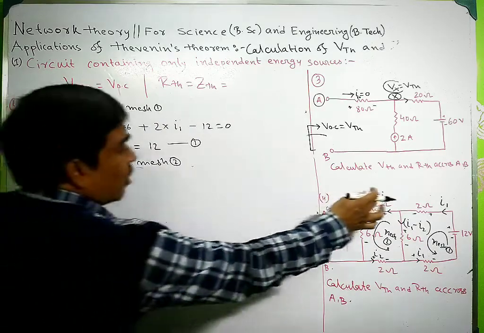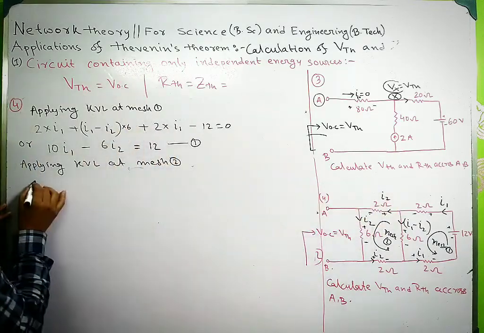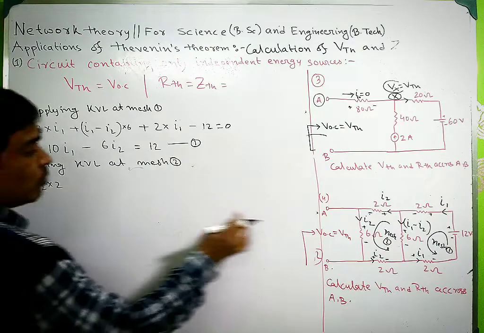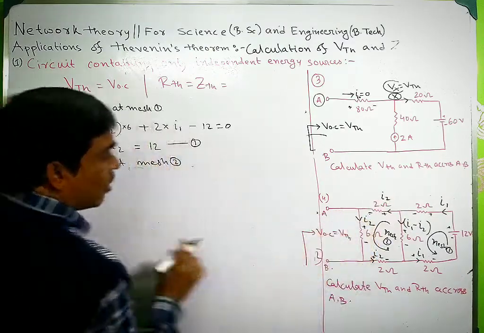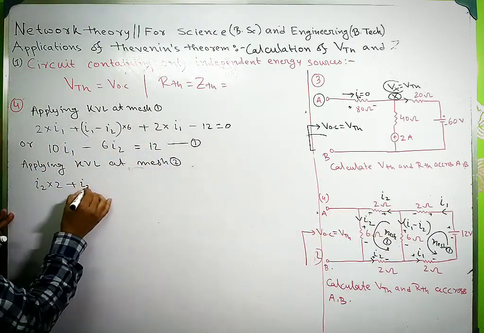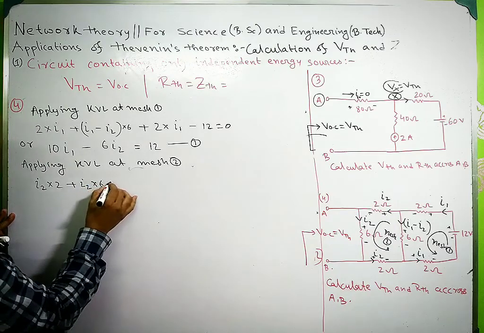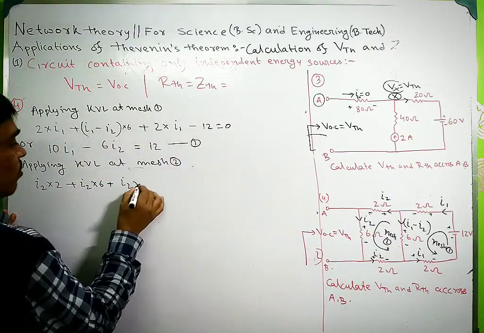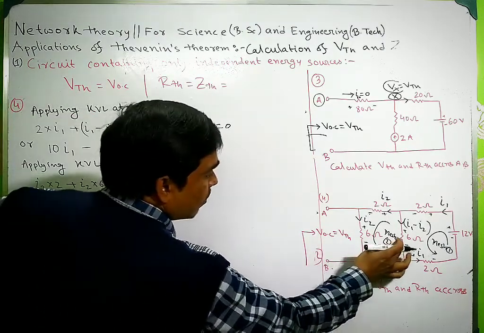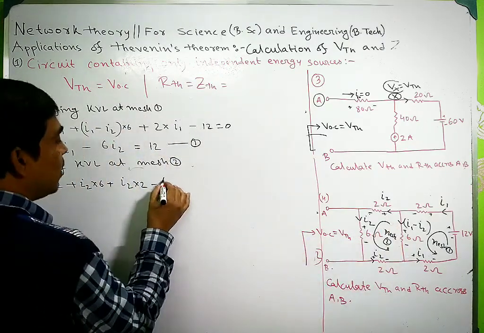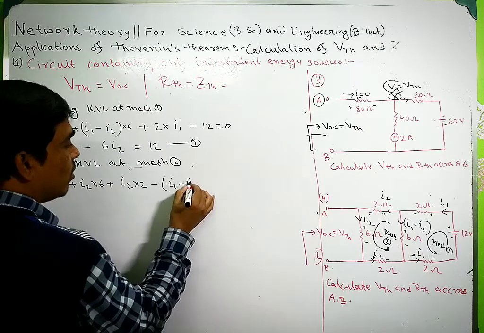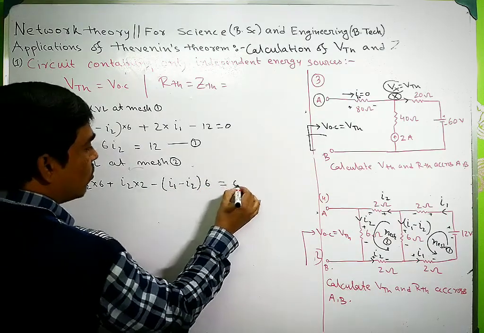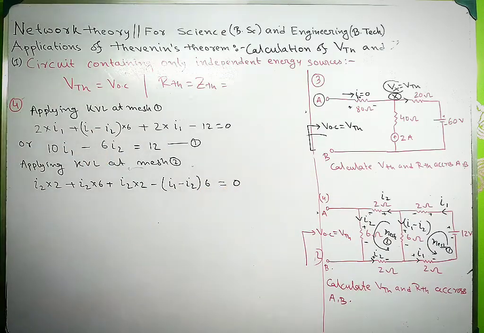So this is I2, so I2 multiplied by 2, and I2 multiplied by 6, plus I2 multiplied by 2, and this is minus (I1 minus I2) into 6 equals 0.